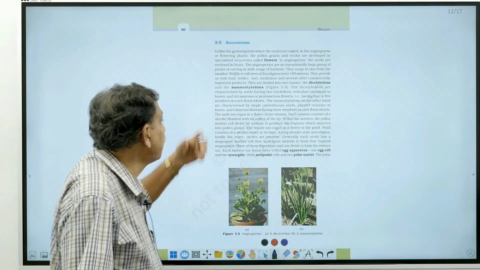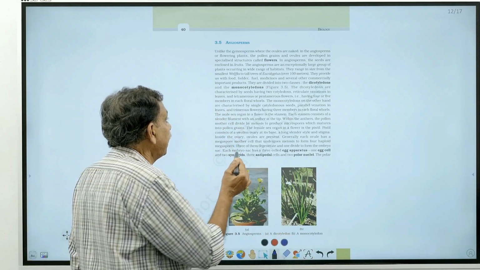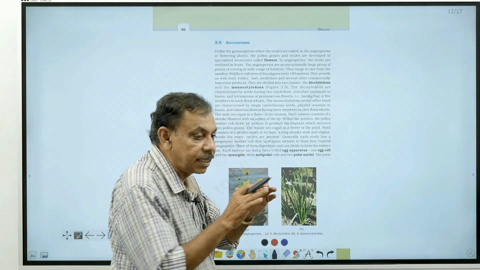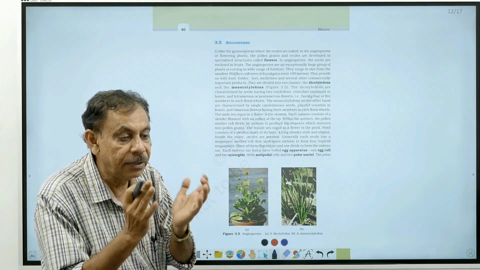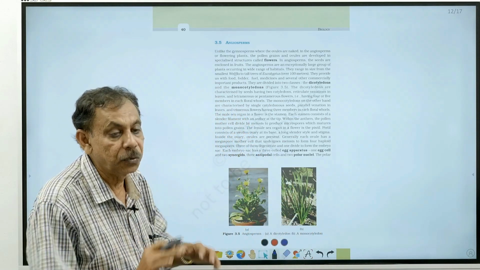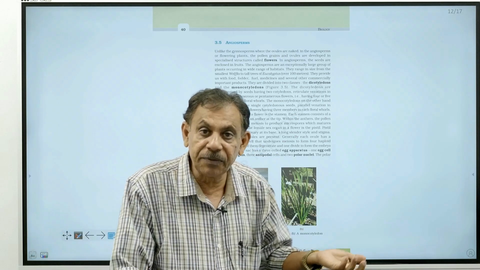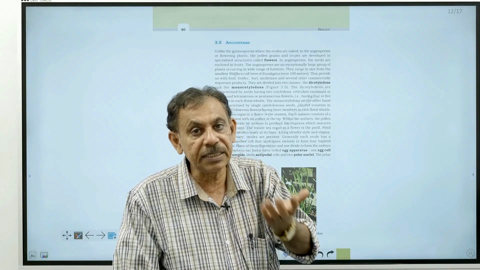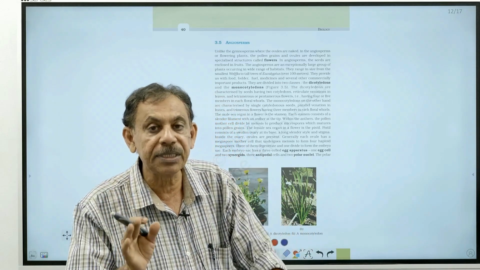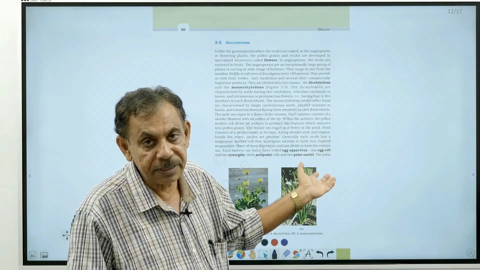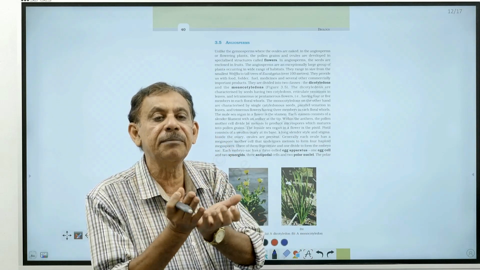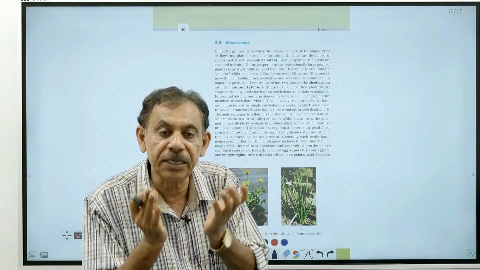In angiosperms, the seeds are well protected, covered by the fruit wall. Whereas gymnosperms are called naked seed producing plants.